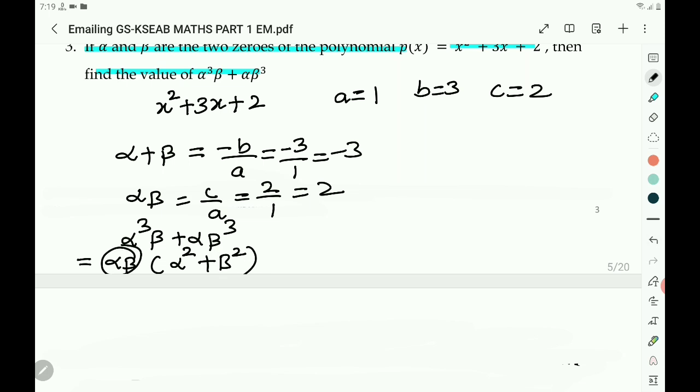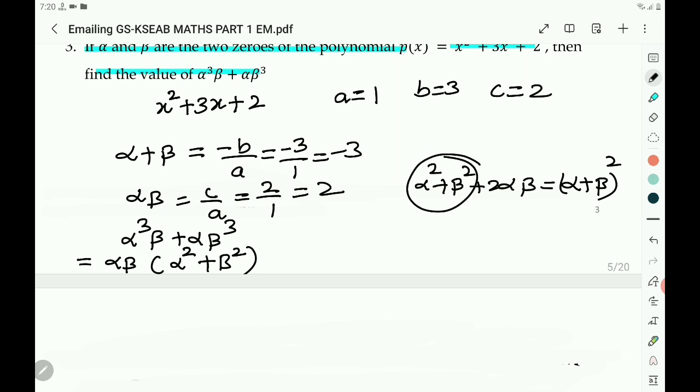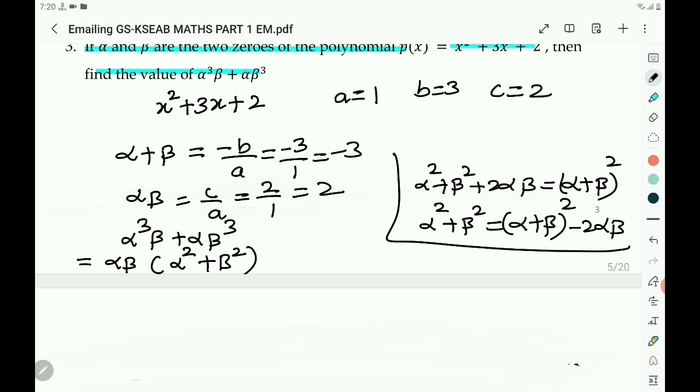You know the value of alpha beta, but to find alpha square plus beta square, use the identity alpha square plus beta square plus 2 alpha beta is equals to alpha plus beta whole square. You need alpha square plus beta square. So alpha square plus beta square equals what? Alpha plus beta whole square. Transfer this 2 alpha beta to the RHS, it becomes minus 2 alpha beta. This can be used here.